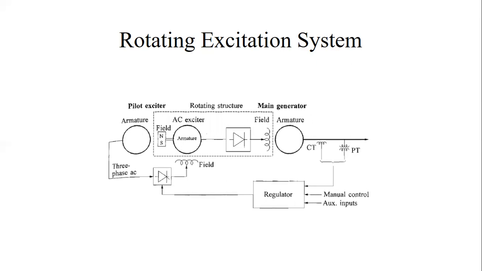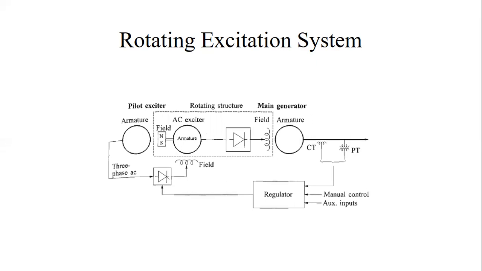The brushless excitation system does not allow direct measurement of the generator field current or voltage. Manual control of the main generator's voltage is provided by an adjustable DC input setting to the thyristor gating circuit.